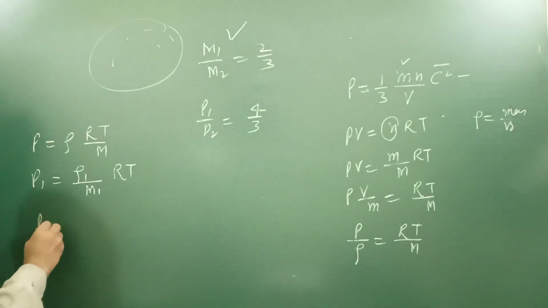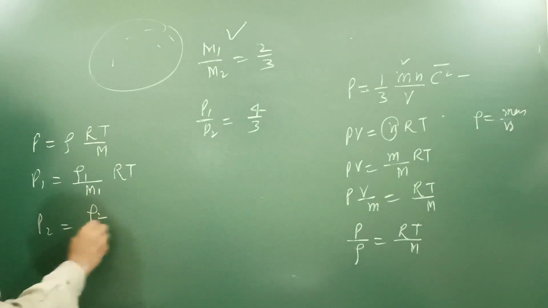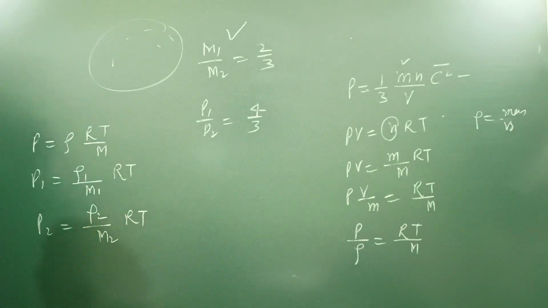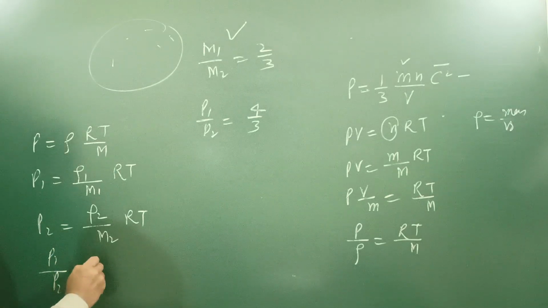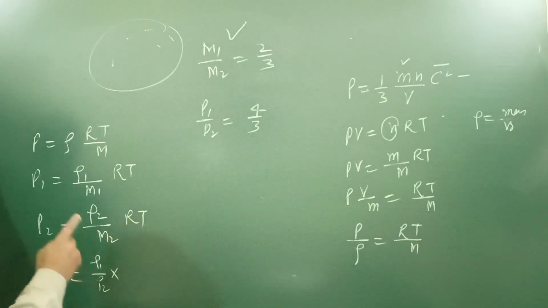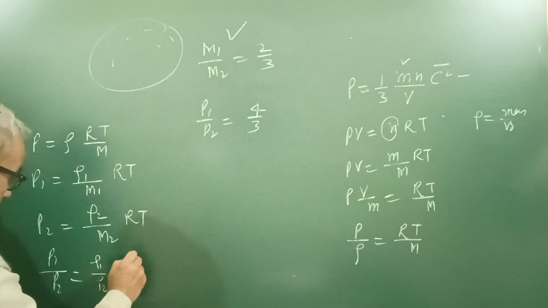Or P2 is equal to rho2 upon M2 into RT. So P1 upon P2 is equal to rho1 upon rho2 into M2 upon M1.